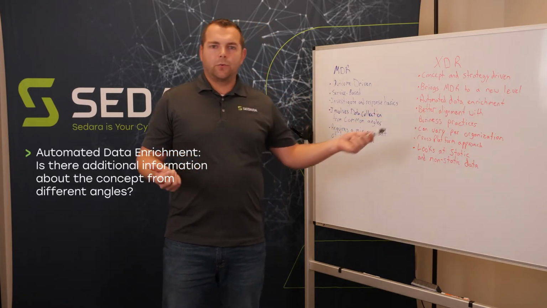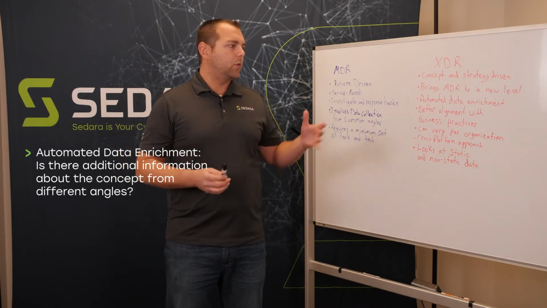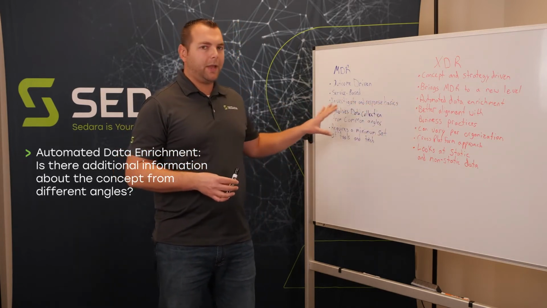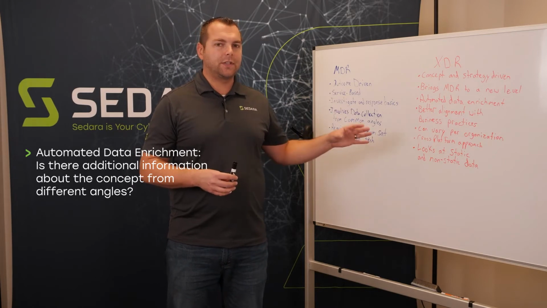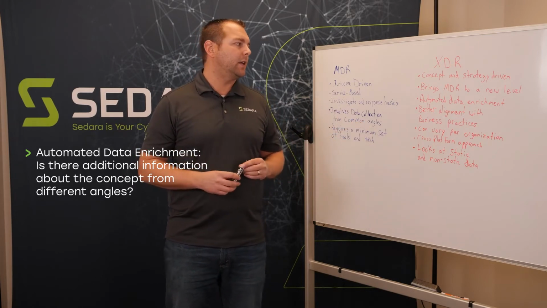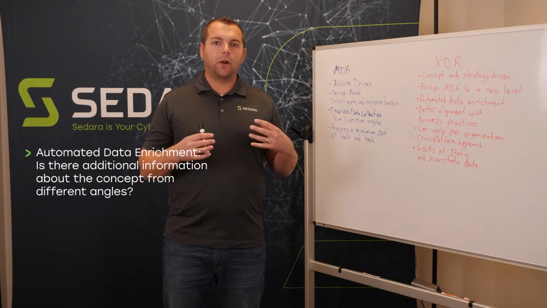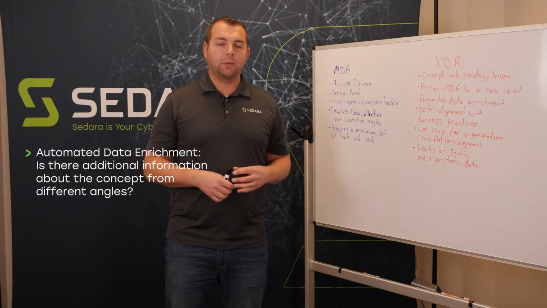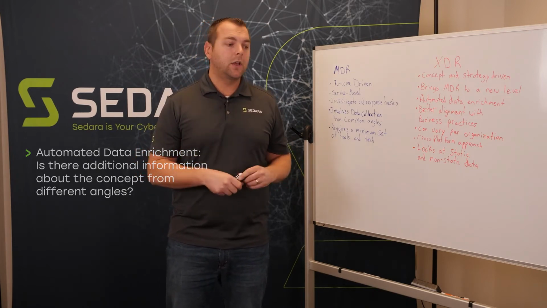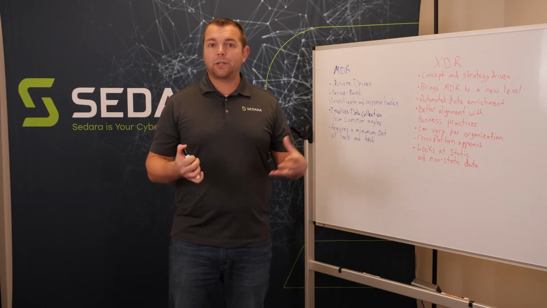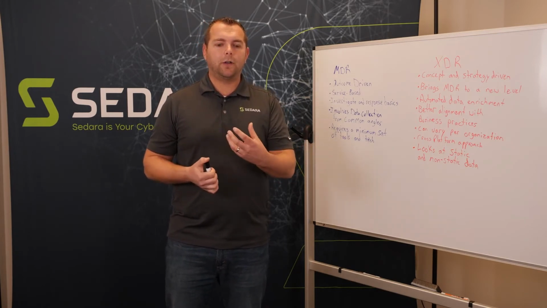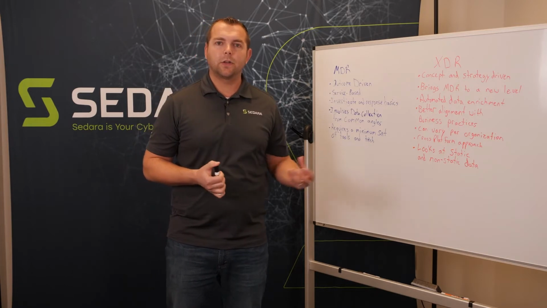Automated data enrichment. So what is that? What that means is taking some of the behavioral data and actions that we're recording and analyzing and automatically looking to see if there is more information about that type of concept from different angles. A very simple one is taking the hash value from an EDR tool about an executable that has run on a system.